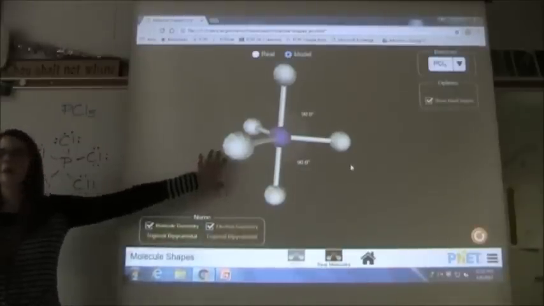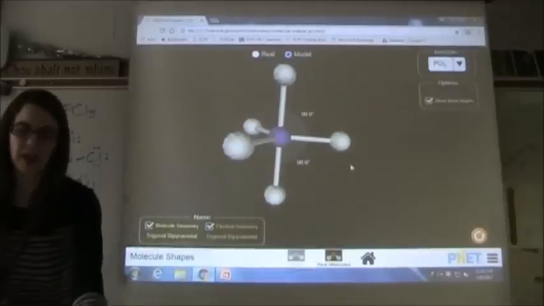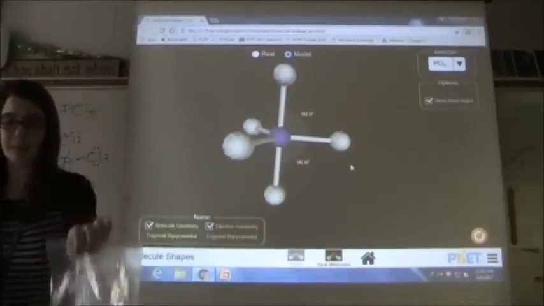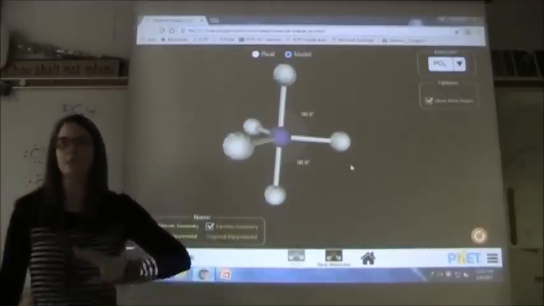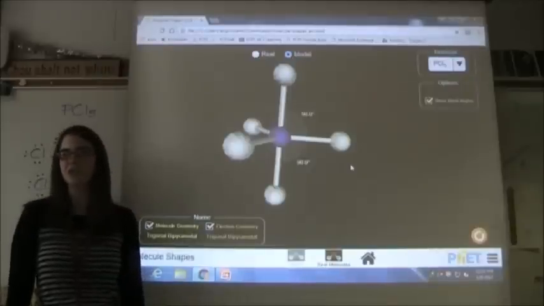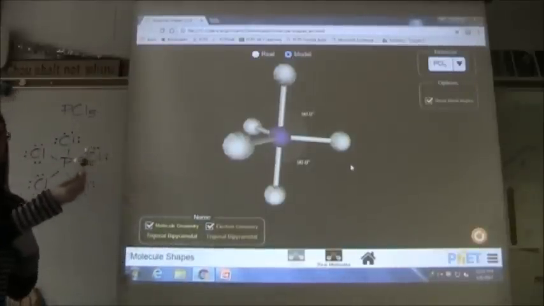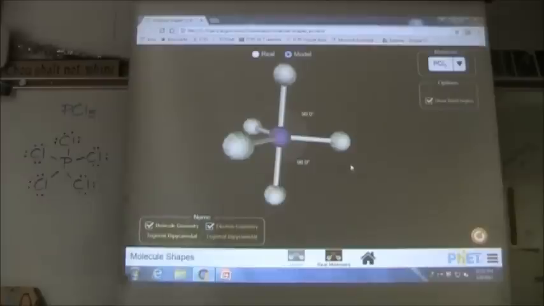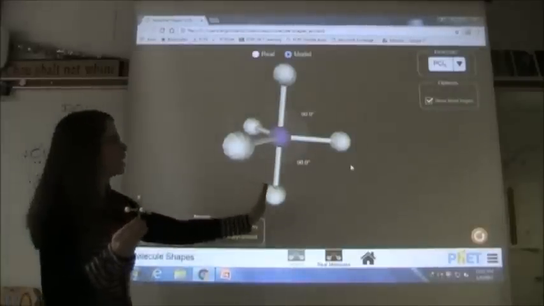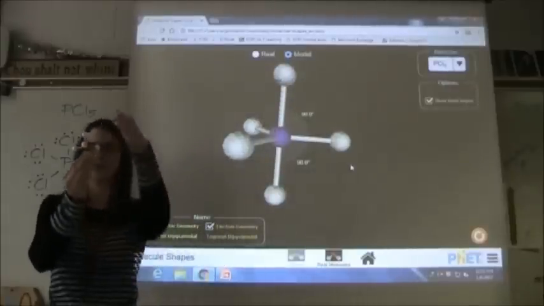Now, we've got the model up here. I've also got a model kit up here that I'm just going to keep in this room in case people want to use it. So I've built this right here as well. I want you to notice some things about this model. With trigonal bipyramidal, you have a completely vertical portion of it.